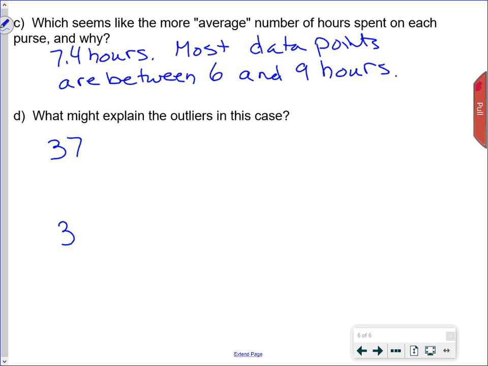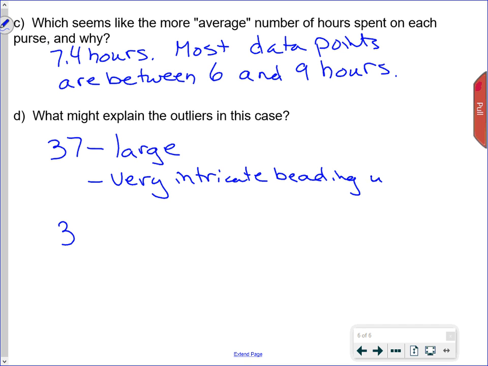For one that took 37 hours, maybe this purse was very large, or maybe it had very intricate details on it. So maybe there was some very intricate beading work that she needed to do. So that would have taken her a lot longer if it was a larger purse and very intricate beading.